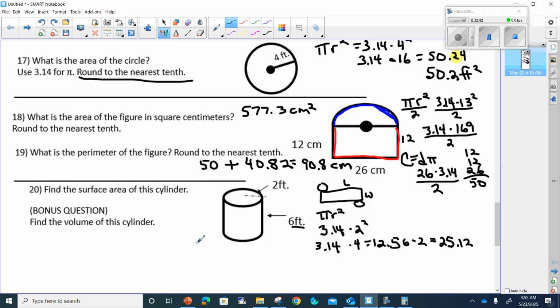Around the circle is the circumference, so I'm going to use the circumference formula, diameter times pi. The diameter has to be 4, since the radius was 2. Now we're multiplying that by 3.14, which is pi. I remember that was the same equation I had over here, and that came up to 12.56.